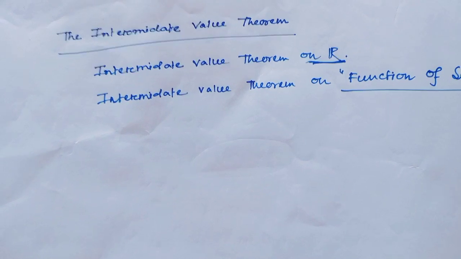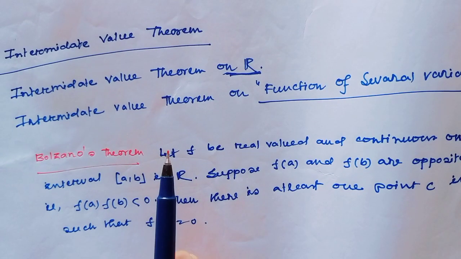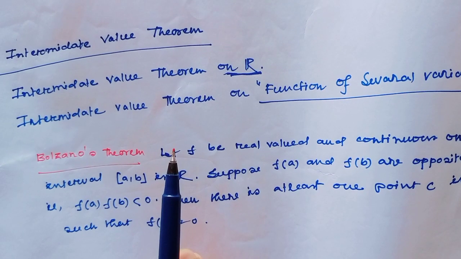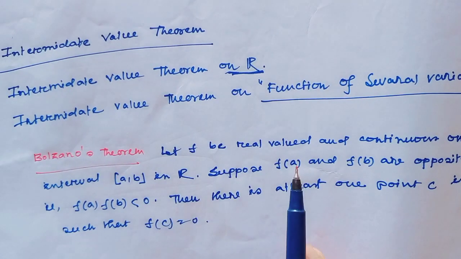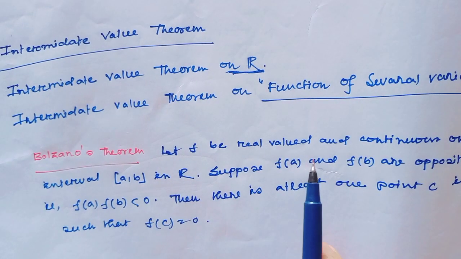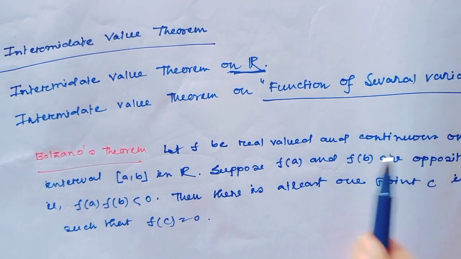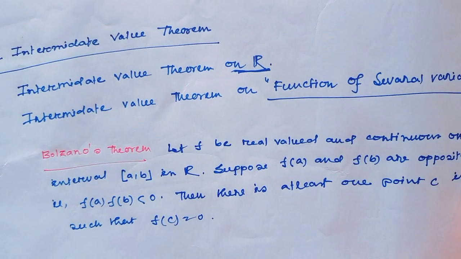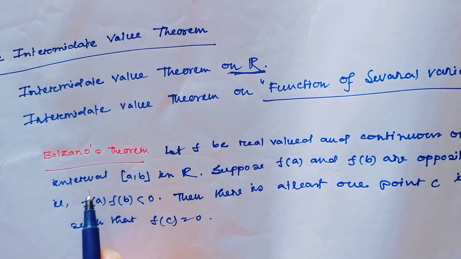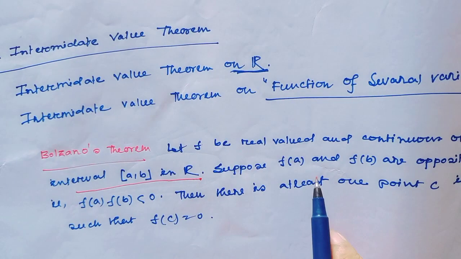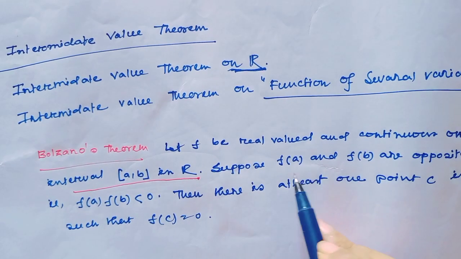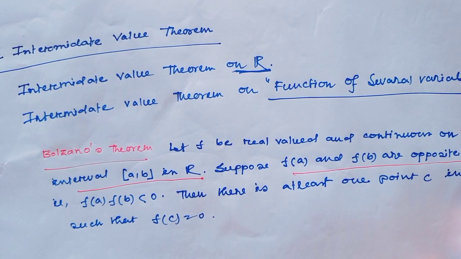Well, all of us know the intermediate value theorem is actually a consequence of Bolzano's theorem. Bolzano's theorem is: let f be a real valued continuous function on a compact interval [a,b] in the real line R, and suppose f(a) and f(b) have opposite signs.